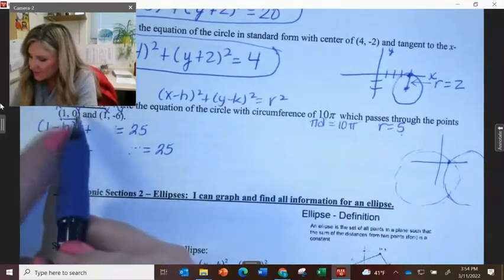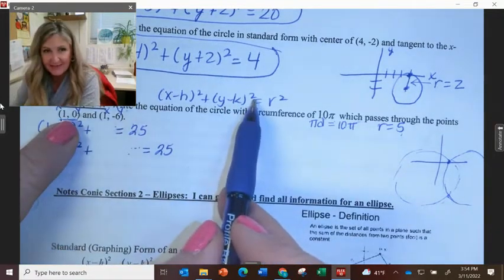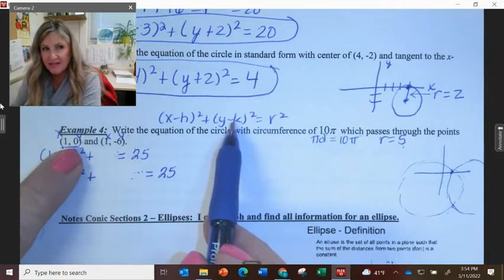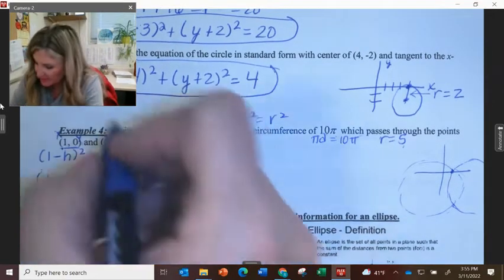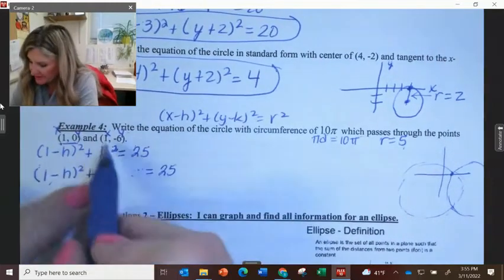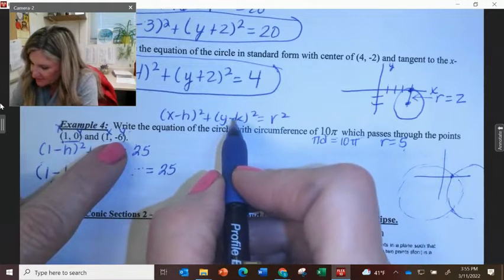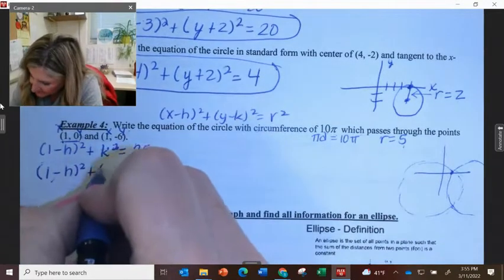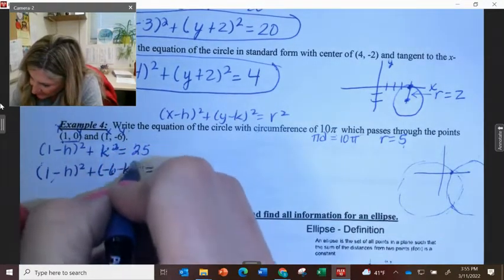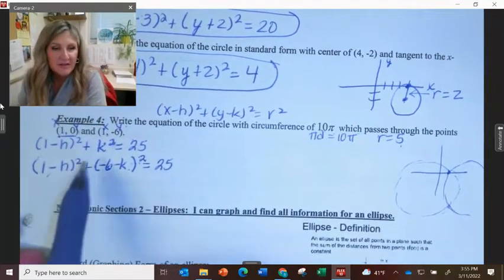So on the second one, I needed to do y, which was 0 minus k squared. So 0 minus k is negative k. Negative k squared is going to be, this should have been k squared instead of y squared. Okay, same thing here now with the other point. I have to do negative 6 minus k squared. All right. Now we're ready to go.